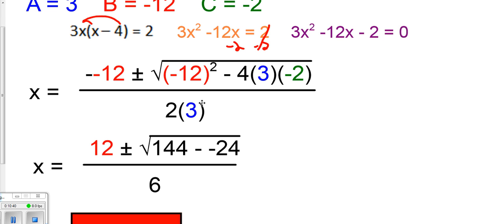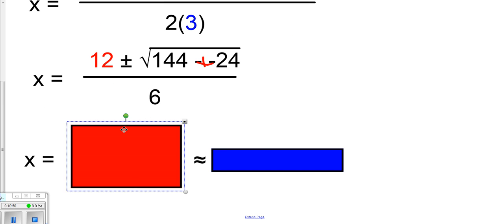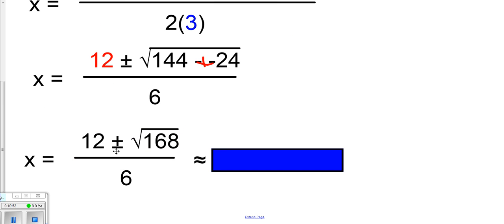All over 2 times 3 is just 6. Now again, like before, we have minus a negative, so we can just call it adding. So we can simplify this down to 12 plus or minus the square root of 168 all over 6. Now again, 168 is not a perfect square, so we can just leave it like that.